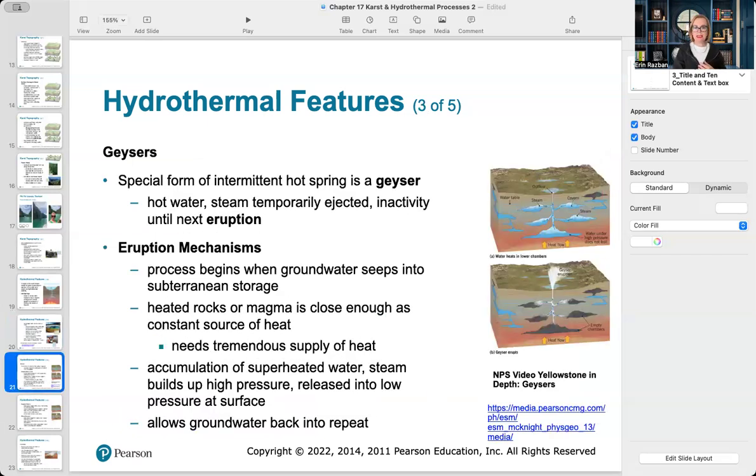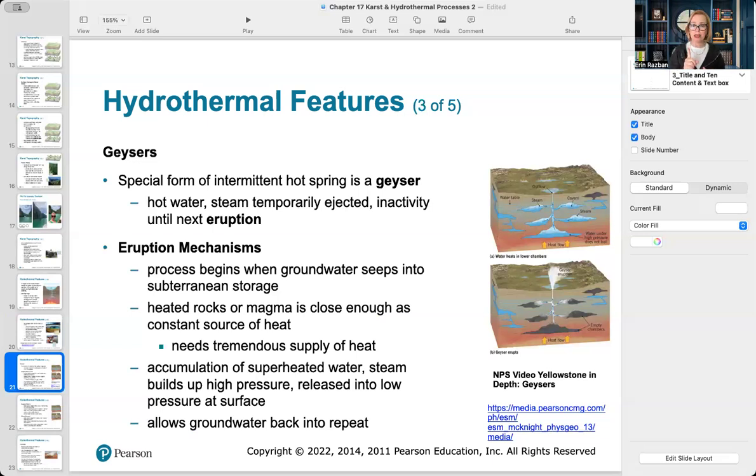So let's talk about geysers, like Yellowstone's Old Faithful. Geysers are specialized intermittent hot springs where water and steam erupt periodically rather than flowing continuously. For a geyser to form, there must be three elements.